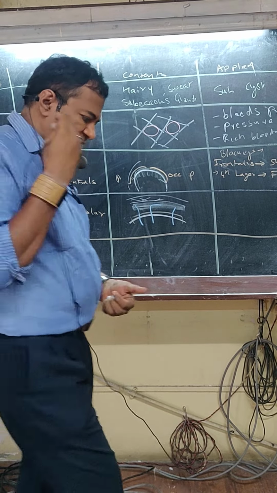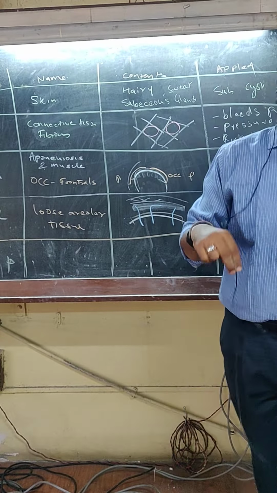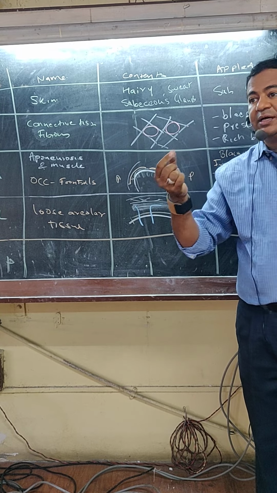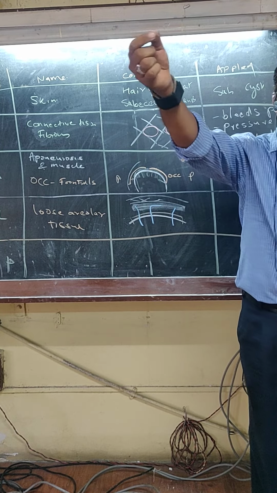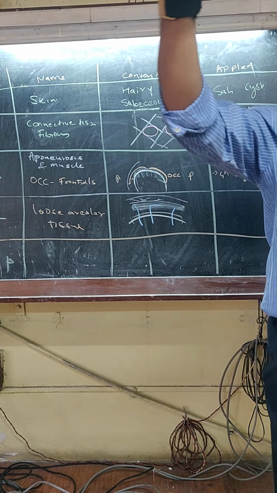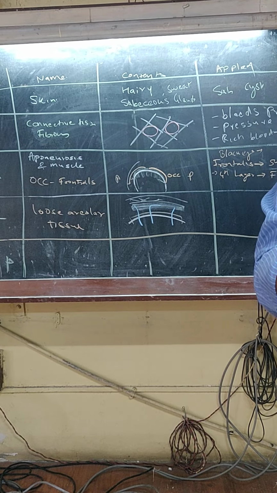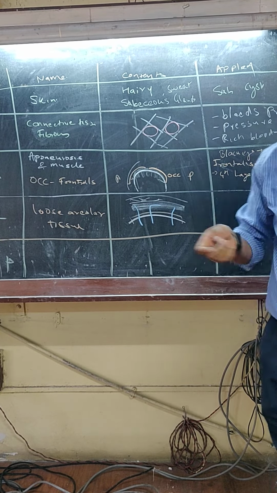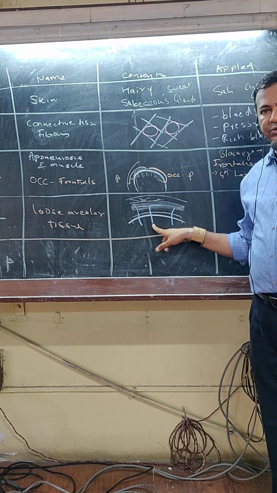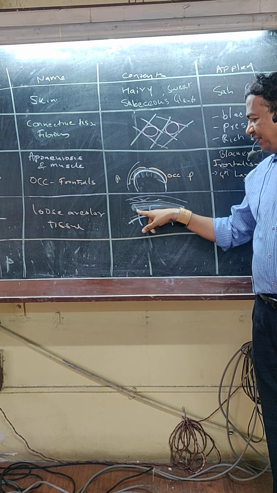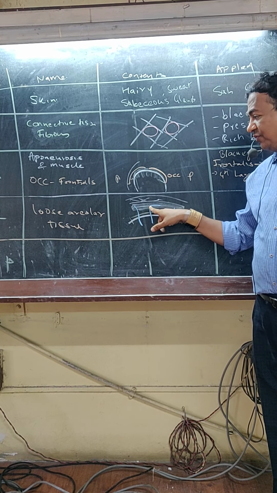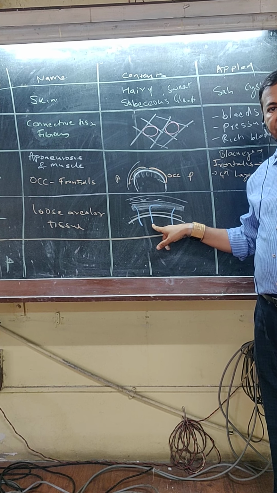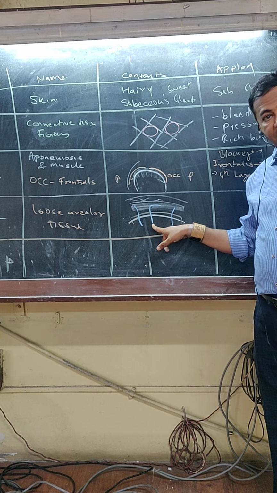The word emissary comes from the idea of sending someone; we send an emissary to London. So emissary means something which crosses the boundary and goes. So this is the scalp, and emissary veins in the fourth layer go to the inside.